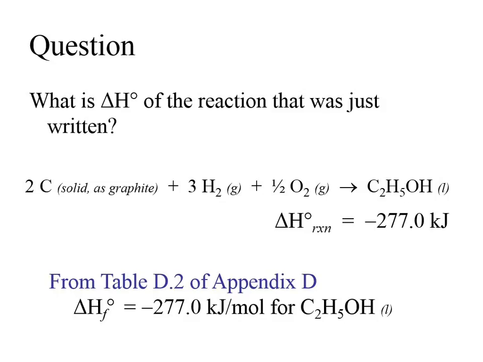The enthalpy of that reaction that you just wrote is negative 277.0 kilojoules. In this semester, this is the first time I've done that. I like subscripts to say what you're talking about. So the standard molar enthalpy of formation of C2H5OH is negative 277.0 kilojoules.